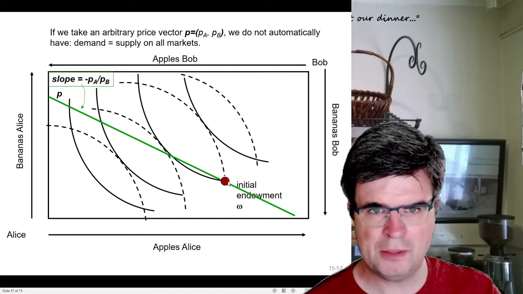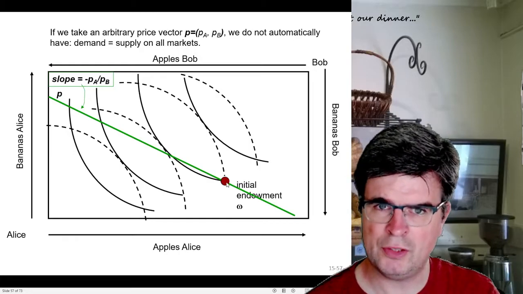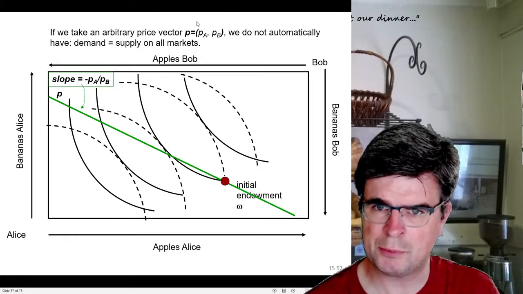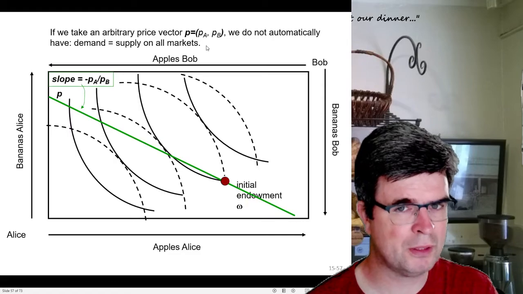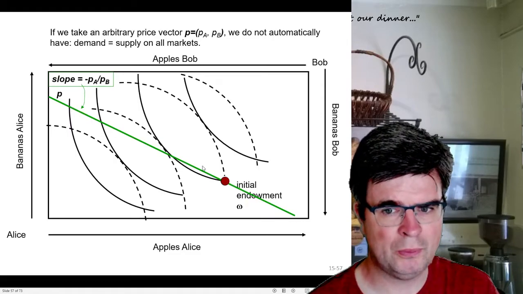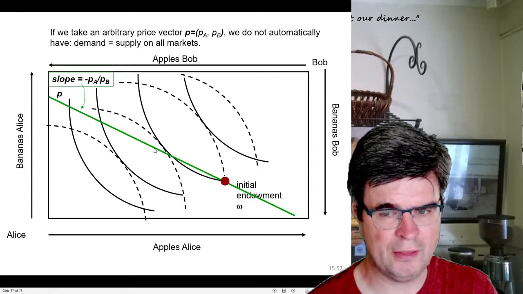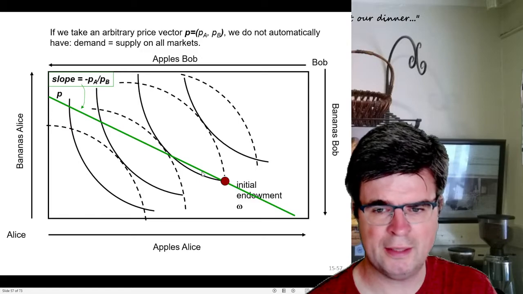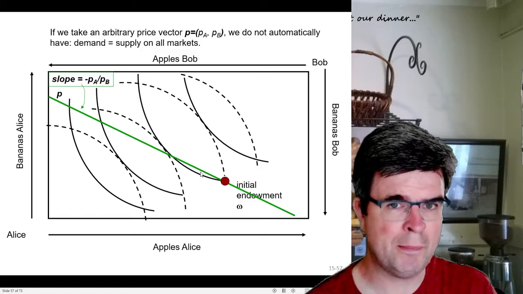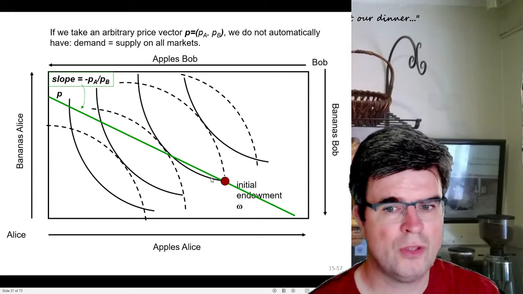Alice and Bob are not on social media in contact with each other. They just go to the market. They each independently observe the market price of apples and bananas, which gives them the possible points that they can reach, because this is their budget line, and they each independently choose the one that maximizes their utility.